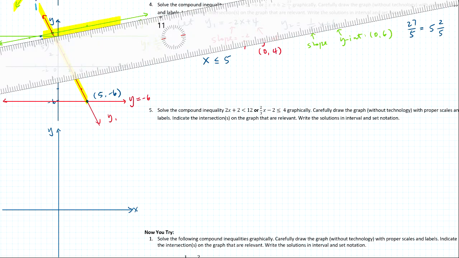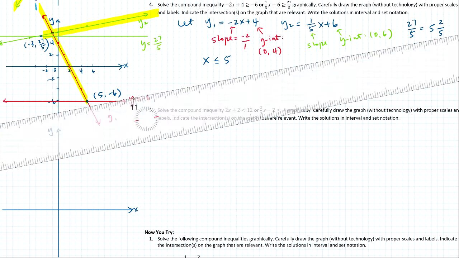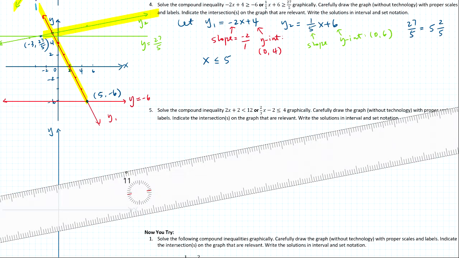So I'm looking at this part, and I can keep going further and further to the right. If I want to write this out, this would look like the solution is x is greater than or equal to -3, because I'm comparing the x-coordinates. Now things are connected by or. That means I'm looking at the part that's covered by either highlighted section of the line.